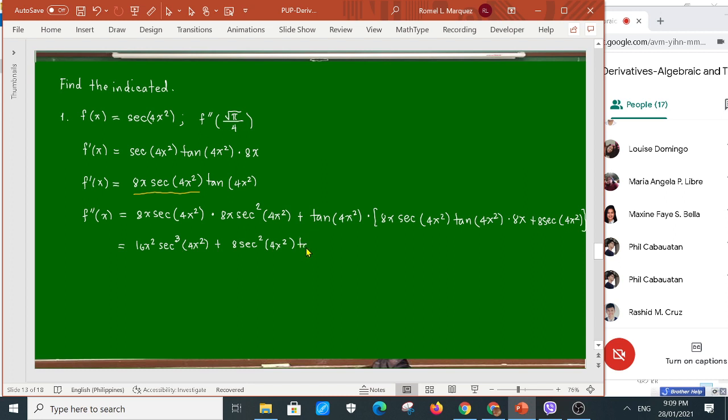Ito, kukopin ko lang yung tangent, kasi it's already outside. O, dito may natirang isang 8, kasi isang 8 lang nilabas natin. At x squared. May natira pa rin isang tangent of 4x squared.